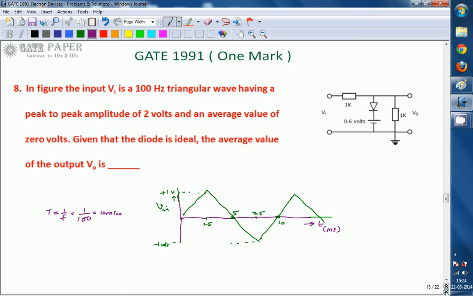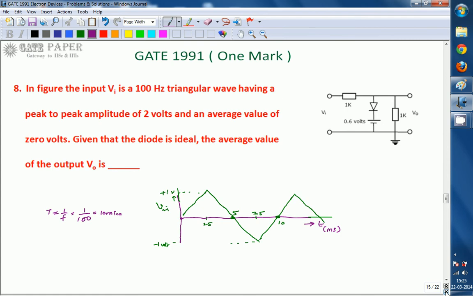So one complete cycle is 10 milliseconds, and during that time it goes towards a positive peak of plus 1 volt and a negative peak of minus 1 volt. So this is the input waveform. We apply this to the circuit diagram shown, and we expect some output waveform, and for that output waveform we are calculating the DC value.